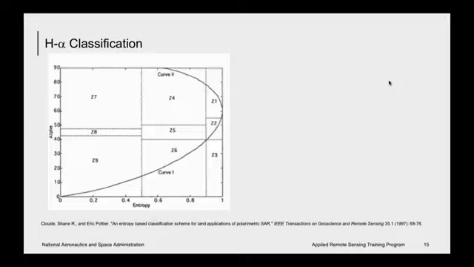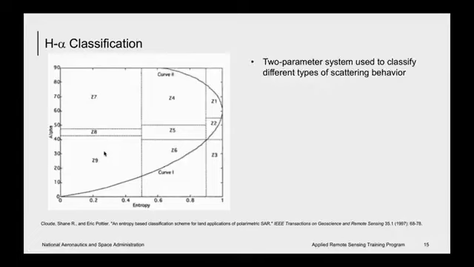So then, using the information from alpha and entropy, we can develop an unsupervised classification. The idea is to have different regions that have values of entropy and alpha, and they have distinct scattering mechanisms. So it's a two-parameter system used to classify different types of scattering behavior.